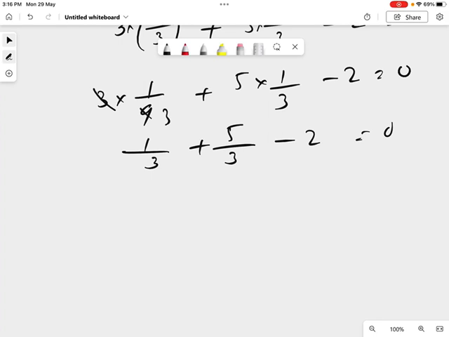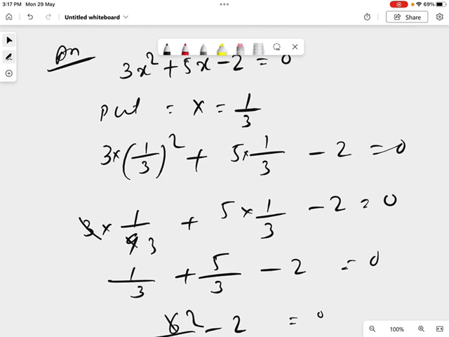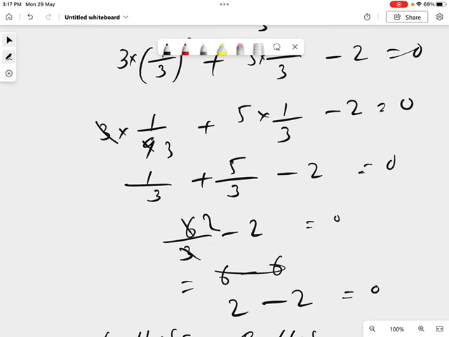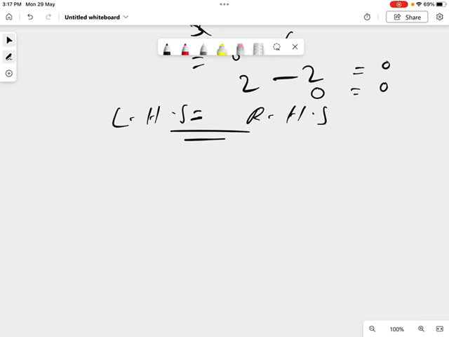We have to prove that this is equal to 0. So we get 6 by 3 minus 2, that is 2 minus 2 is equal to 0, that is LHS equal to RHS, 0 is equal to 0. So x is equal to 1 by 3 is a solution of the given equation.